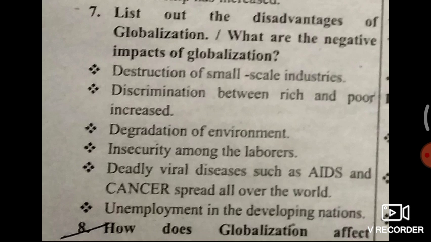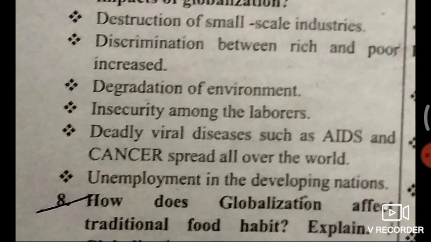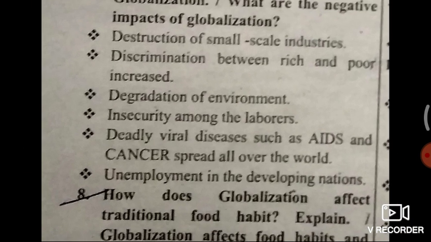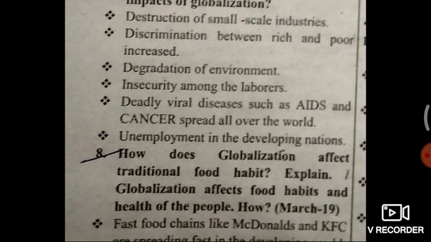Fourth point, insecurity among the laborers. Then deadly viral diseases like AIDS and cancer spread all over the world, and then unemployment in the developing nations. So this is about the disadvantages or negative impacts of globalization.